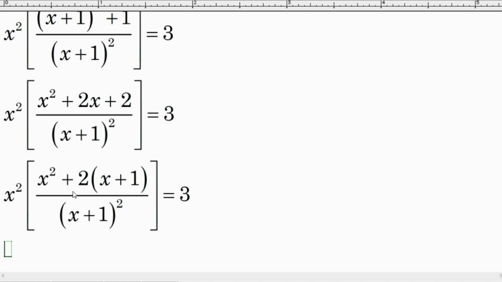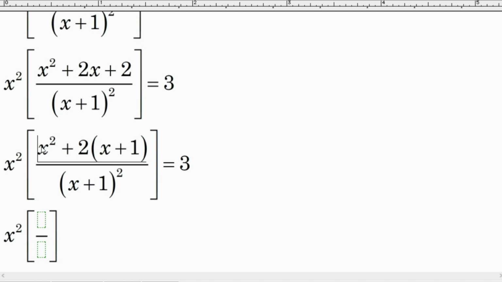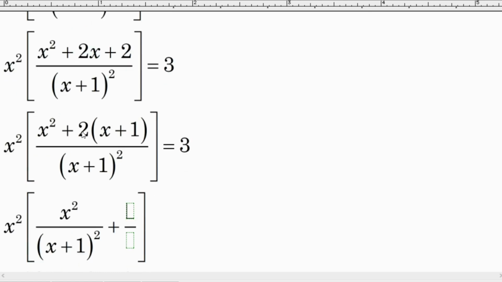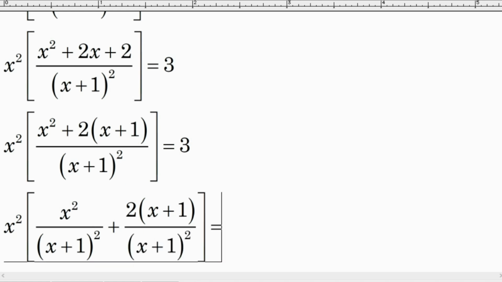Now I can separate these fractions into two terms. We have x squared over (x plus 1) squared, plus 2 times (x plus 1) over (x plus 1) squared, equal to 3.